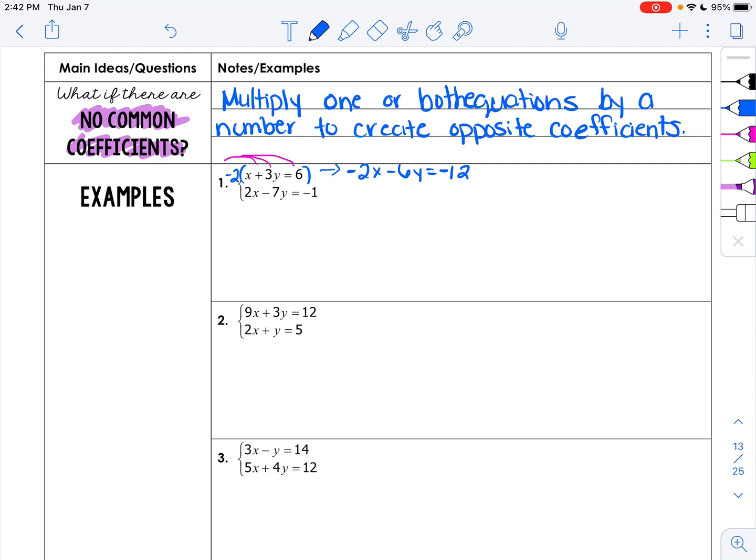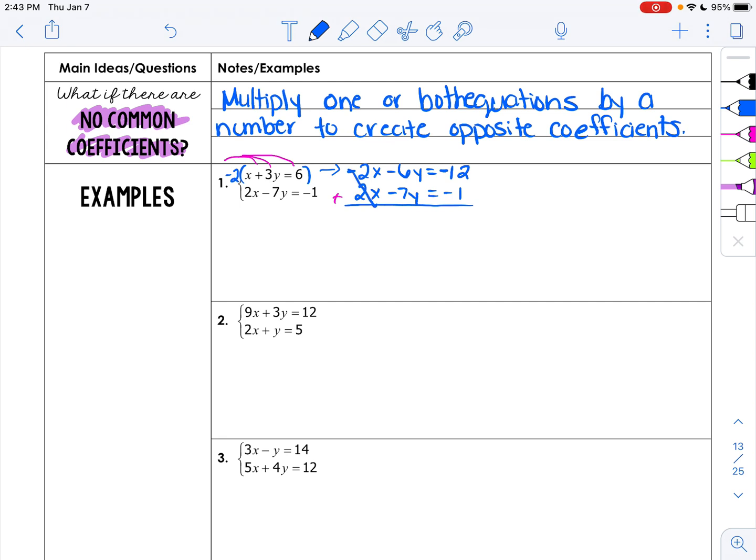I'm only going to rewrite one equation because I only need to. My second equation I can just bring over how it is. And now everything is lined up and I have coefficients that are opposites that will eliminate. So if I add the two equations together, -2x plus 2x is 0.